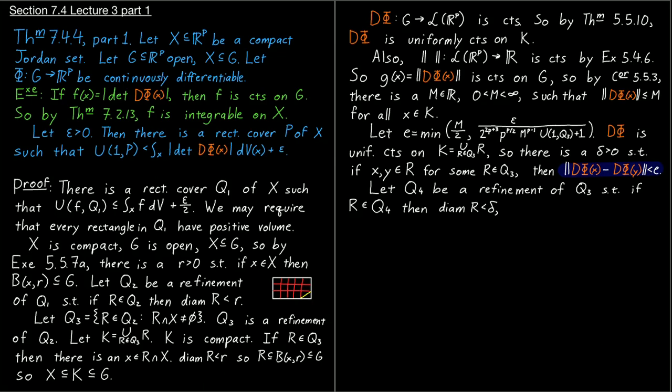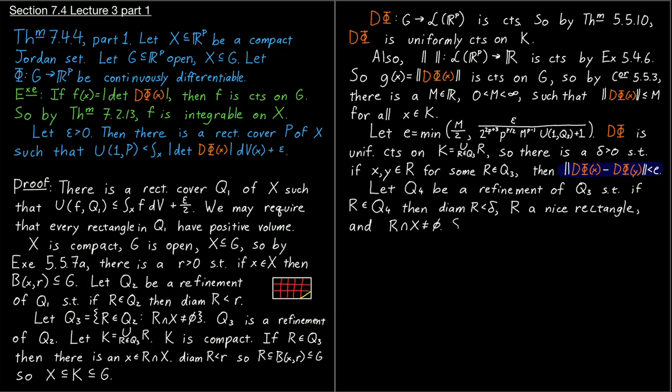Next, we want all our rectangles to be nice rectangles, meaning the shortest side is at least half the length of the longest side. And for simplicity, we'll go ahead and throw away any superfluous rectangles.